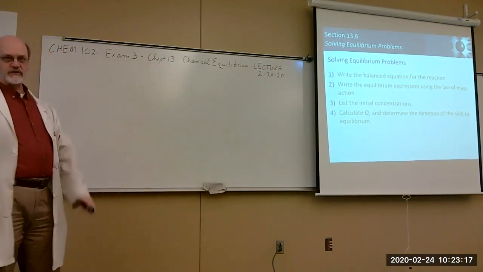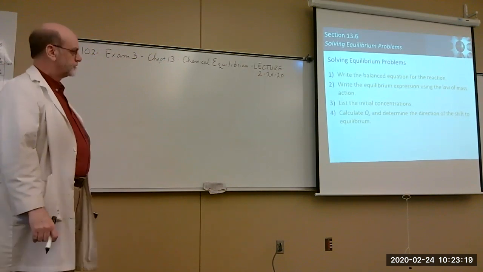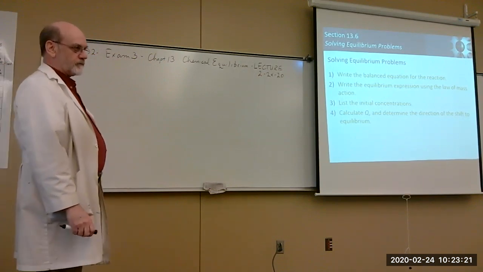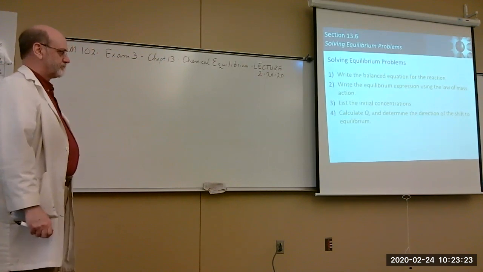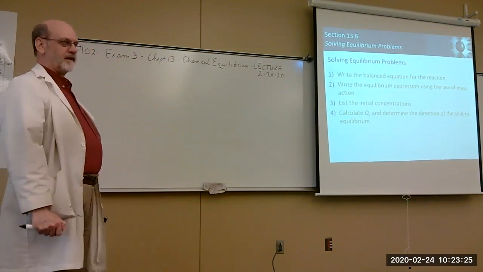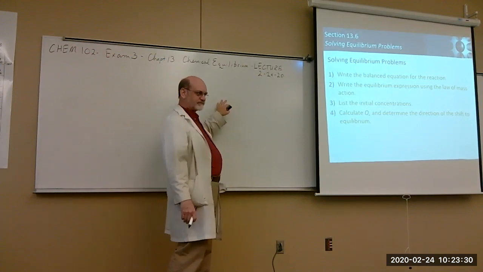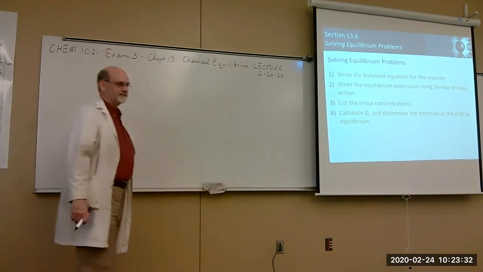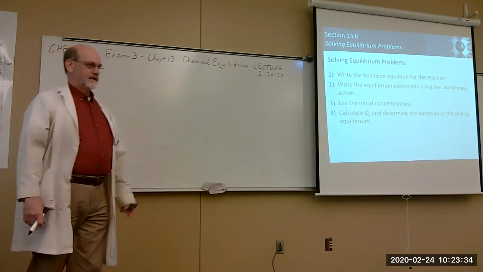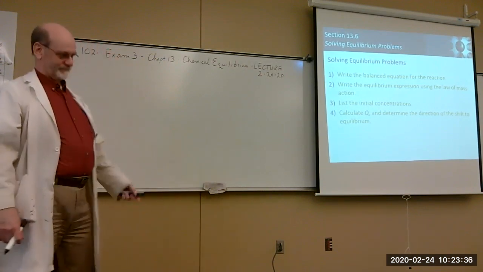Then Q is used to tell you what direction to go. So the last problems we did, do we need to find Q for that? No, they start with 0 product. The product was 0. So the only time we need Q is when both sides have values, before the ice table.